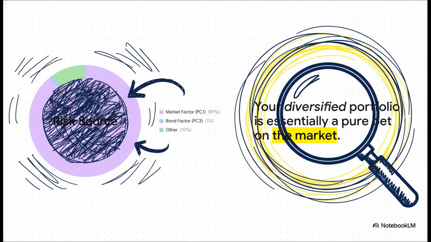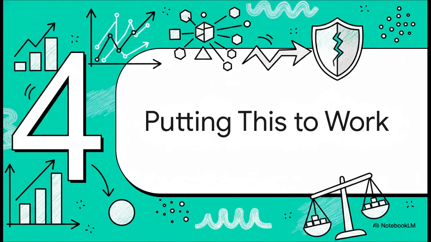And this chart just lays it all out there. That huge slice of the pie, nearly 90%, is just market risk. All the other factors we found barely even register. So your supposedly diversified portfolio, at the end of the day, it's pretty much just one giant bet on the market.